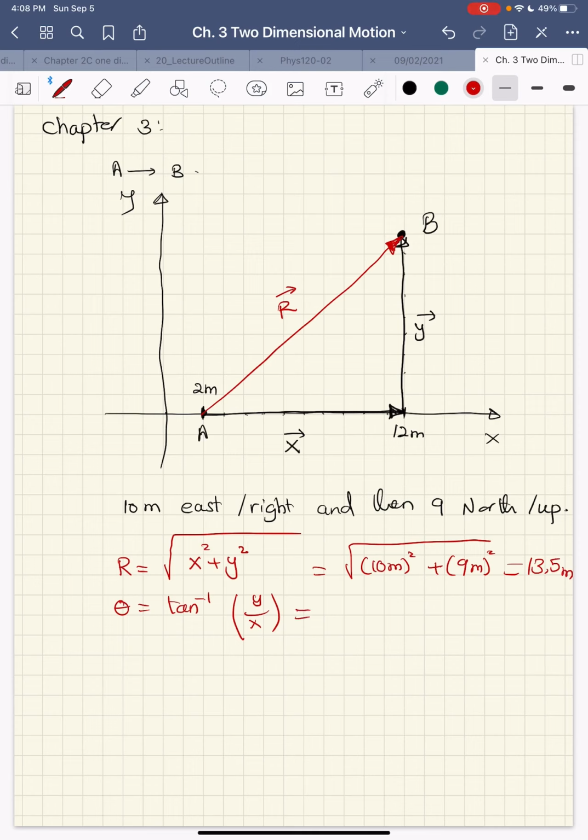And I can also calculate the angle. Y is 9 divided by 10, and then tan inverse, the second function, and this is going to give you 41.99, which is like 42 degrees. Okay, then this is really, we can do this, okay?